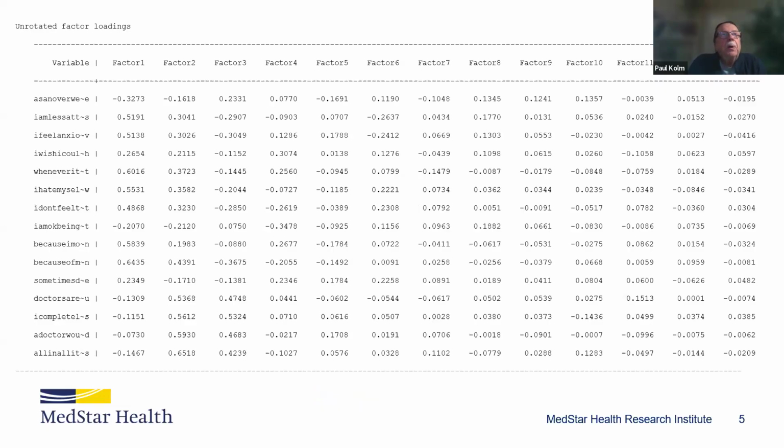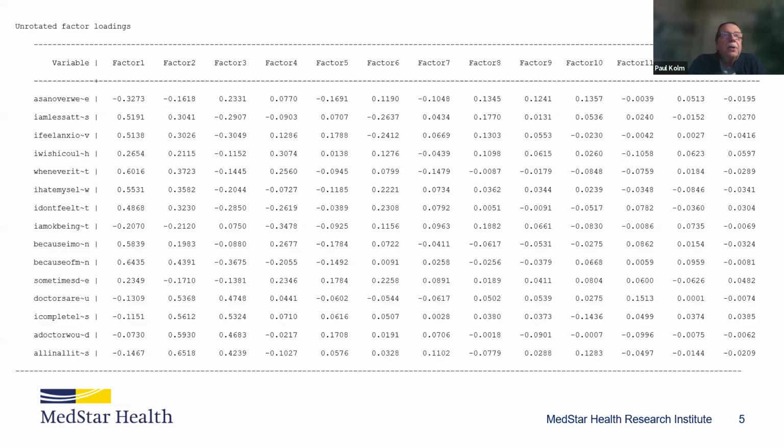And so when we apply our factor analysis program, obviously, you're going to have software to do this. You don't want to do it by hand. We come up with these 22 variables with 13 factors.